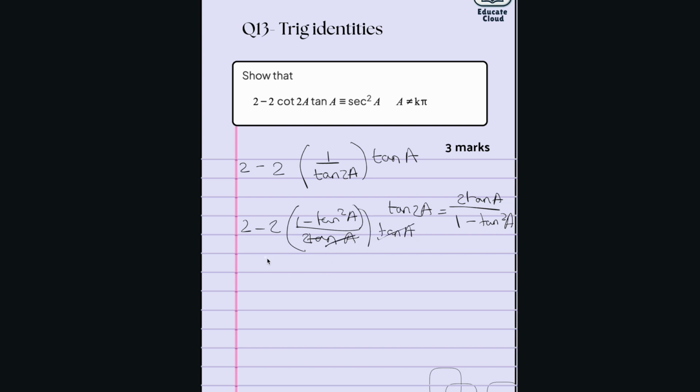So that and that cancel, that and that cancel, and you're just left with 1 minus tan squared a over 2... 1 plus tan squared a, and that is sec squared a. So this one was quite a simple one, but that's your answer.